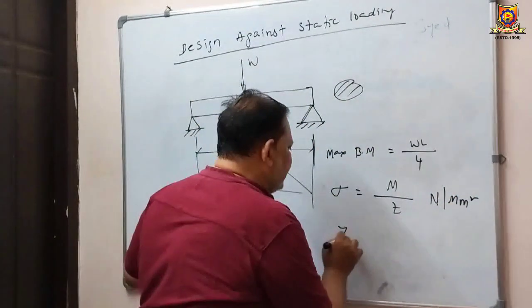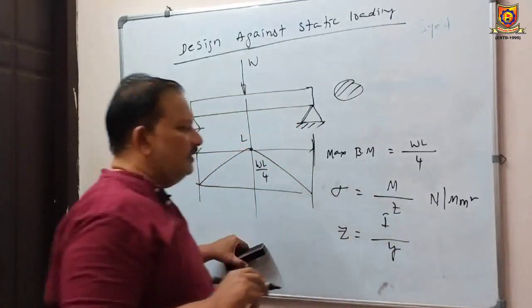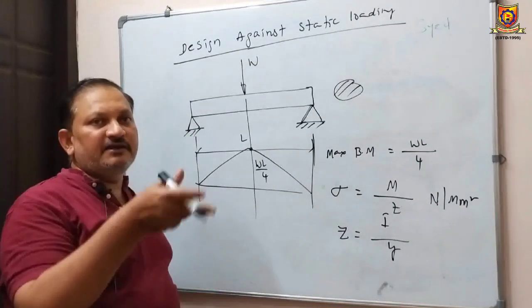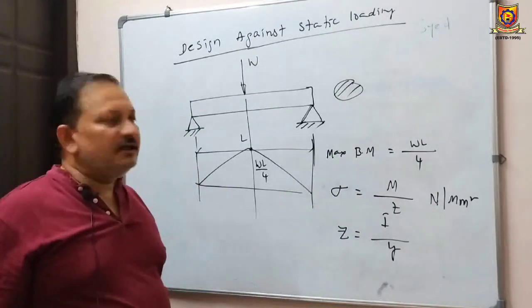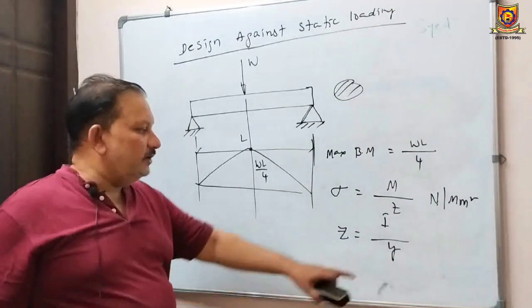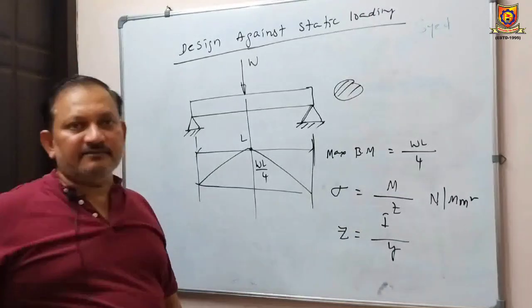The section modulus is generally given by I by Y. What is I? The moment of inertia of the given area of cross section, or we can say second moment of area. And Y is nothing but the distance of the extreme fiber from the neutral axis.